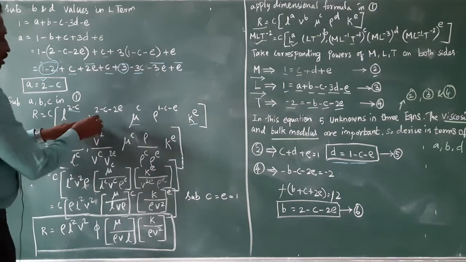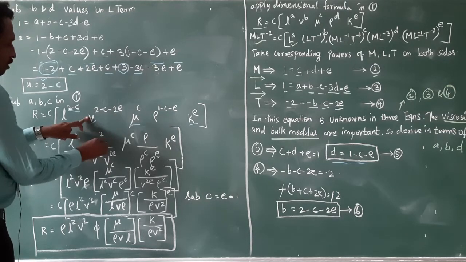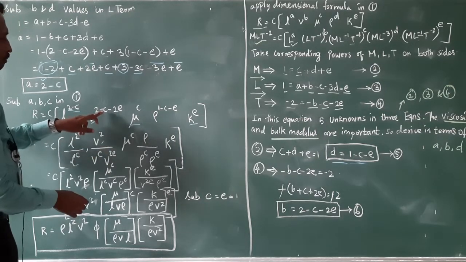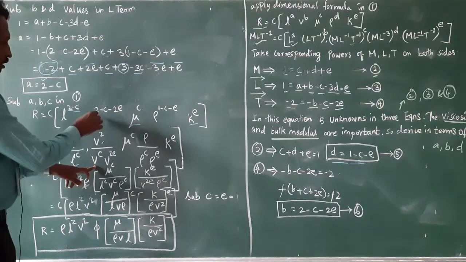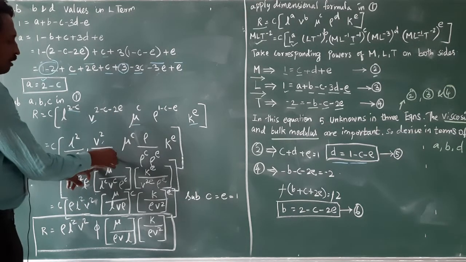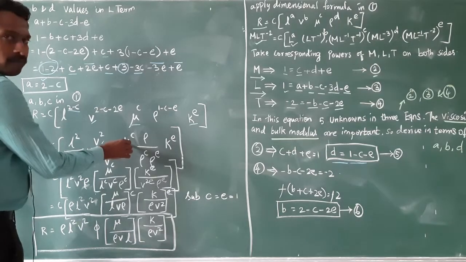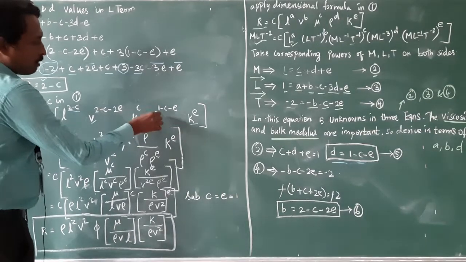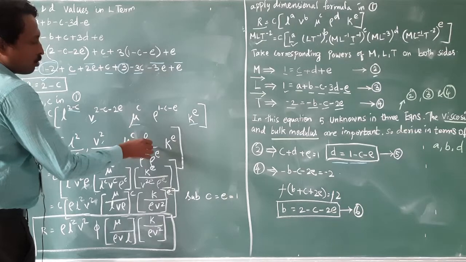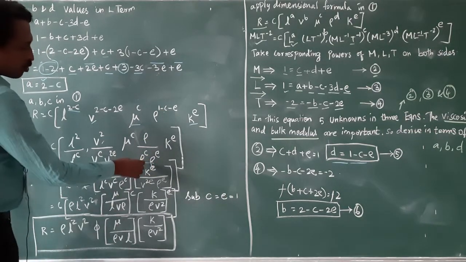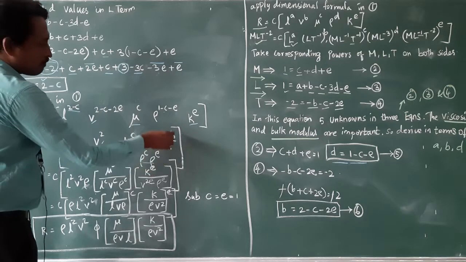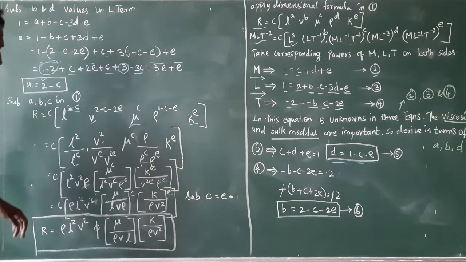Next, V square on top, then minus C and minus 2E will become denominator terms: V power C and V power 2E. Mu power C as it is, and rho power 1 minus C minus E, where rho power minus C and minus E will become denominator terms. So rho power C, rho power E, K power E.